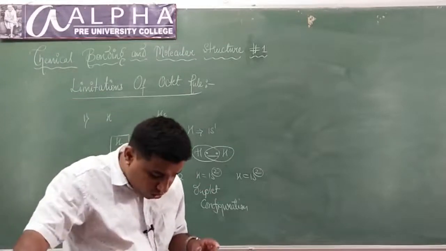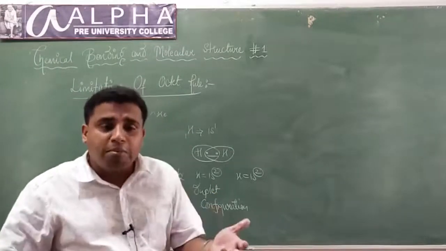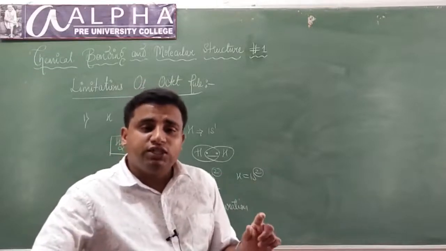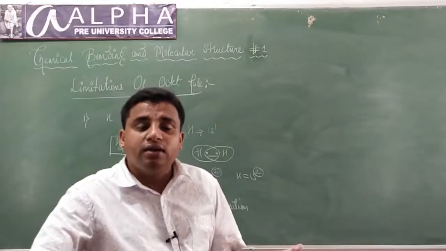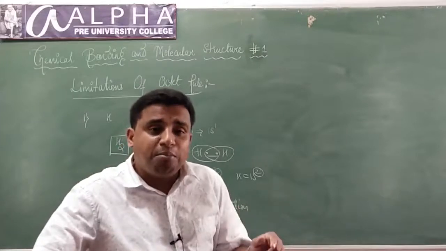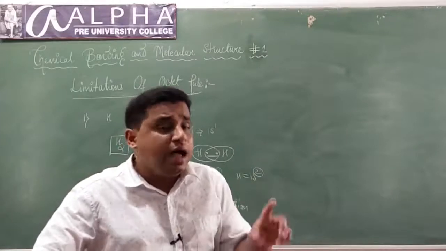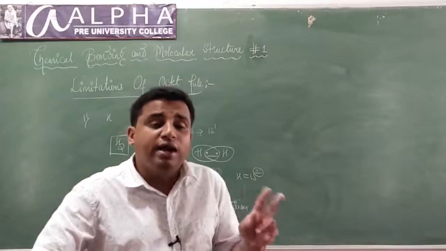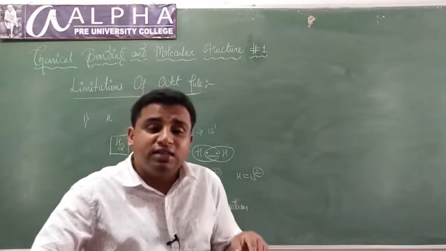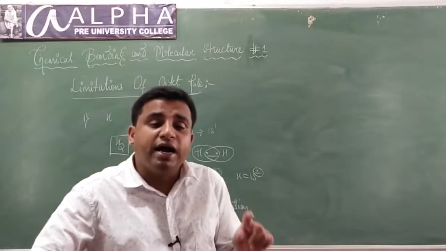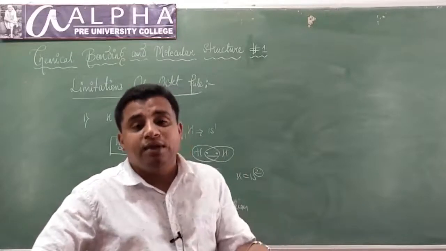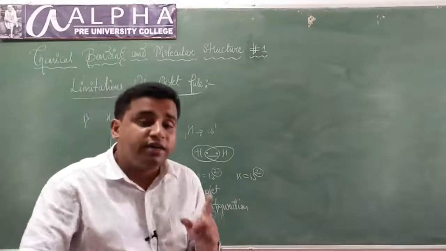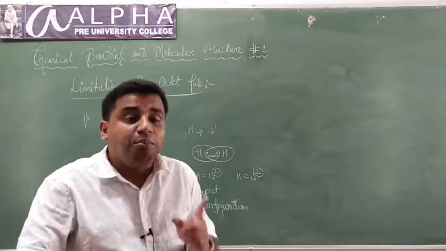According to the octet rule, atoms combine to have 8 electrons in their valency shell and become stable. But hydrogen atoms have only 2 electrons in their outermost shell, and still become stable by attaining the duplet structure, not the octet structure.